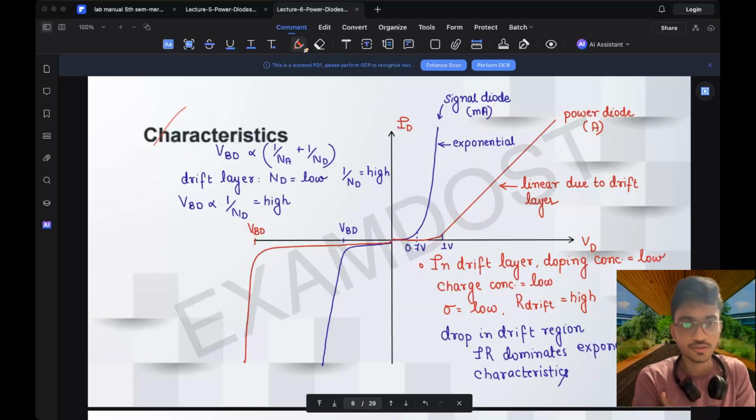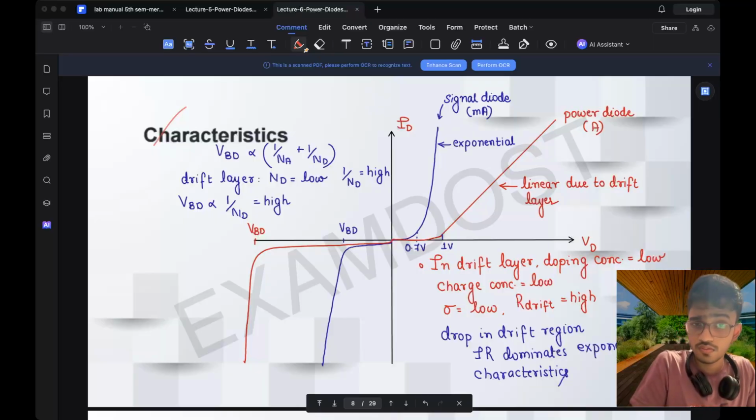power diode. Okay, in the drift layer doping concentration is low, charge concentration low, sigma low. The formula for sigma is something like n e mu n plus p e mu p.